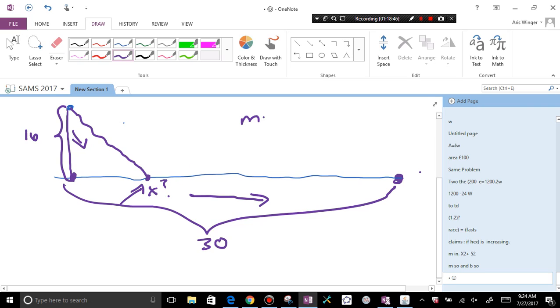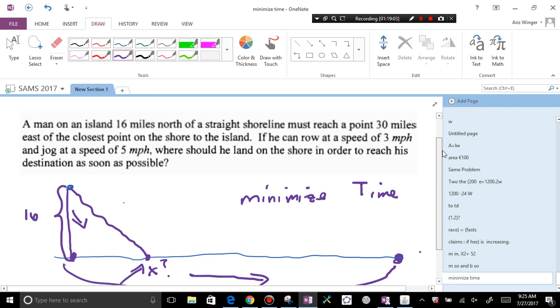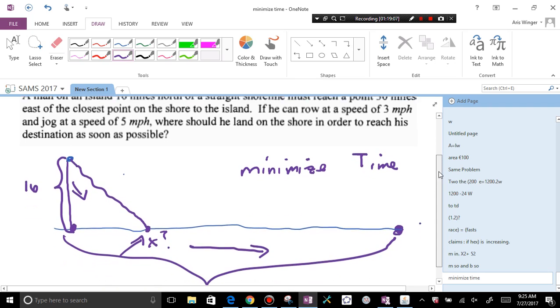What are we trying to minimize? The time. Oh, we obviously need that. So he can row, or in our case, for my silly story, you can swim 3 miles per hour.